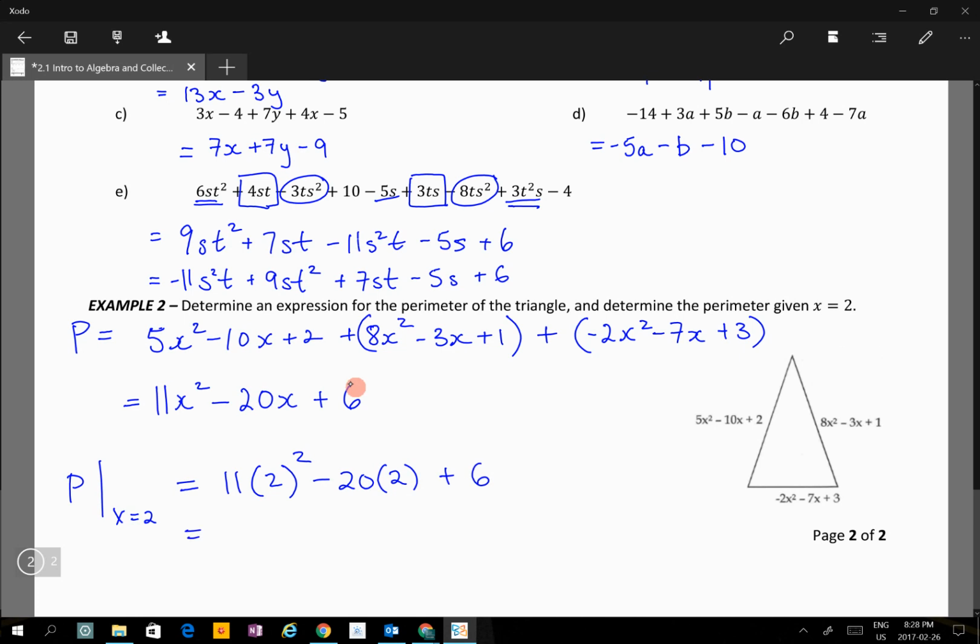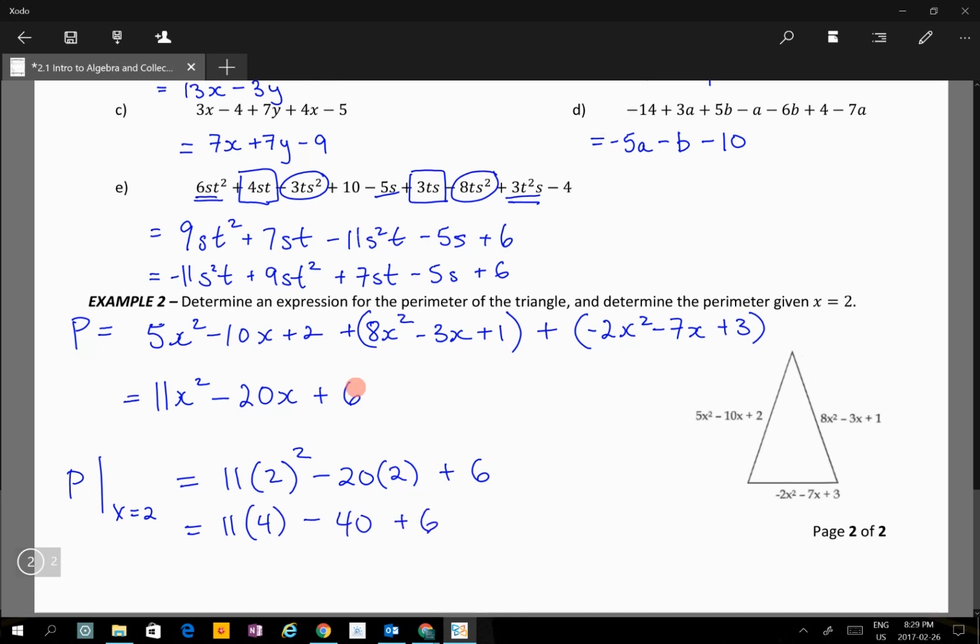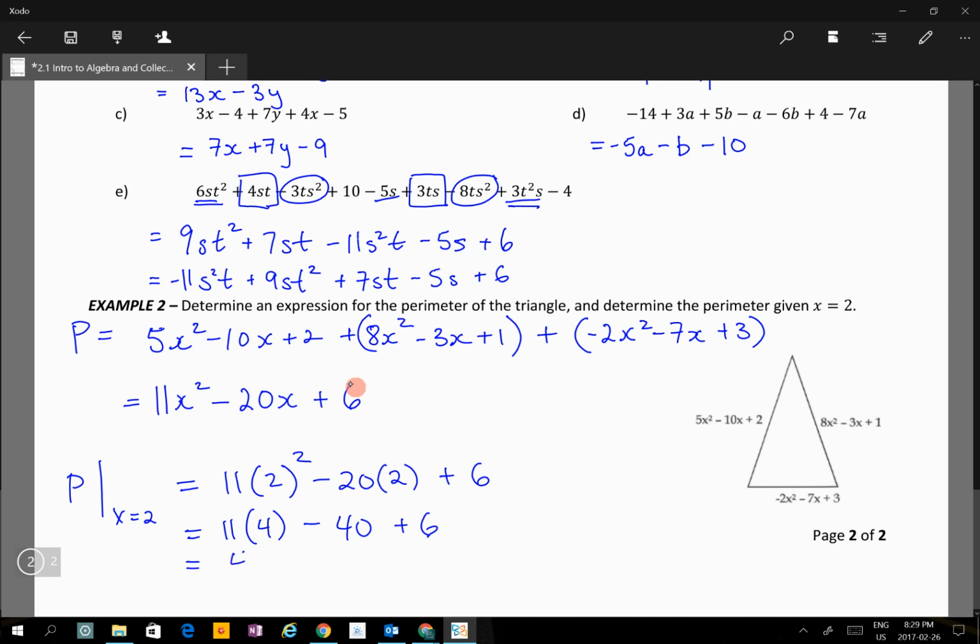Following BEDMAS rules, 2 squared is 4, so I'll write that 4 first. 20 times 2 is 40, and then I have plus 6. Then you do your multiplication. 11 times 4 is 44, minus 40 plus 6. And when you simplify these last 3 terms, the perimeter is going to be 10.